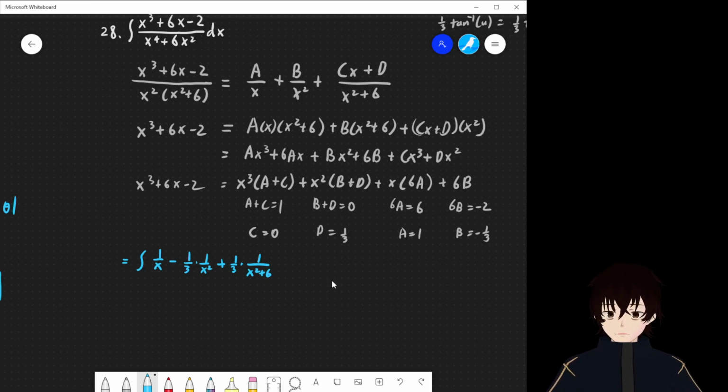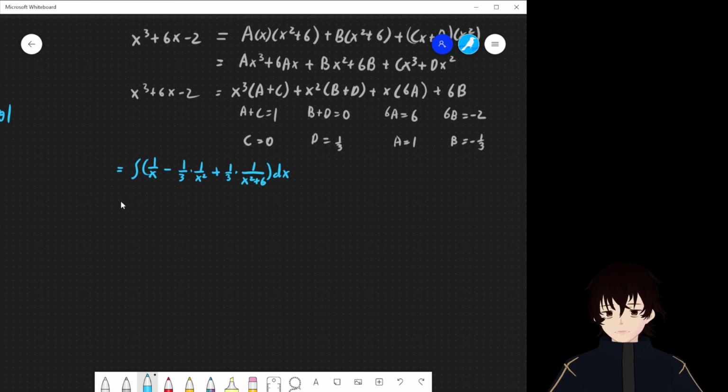Is that right? That will mean we have natural log of x minus 1/3, ooh, x to the power of -2. Oh. Plus 1/3 x to the power of -1.